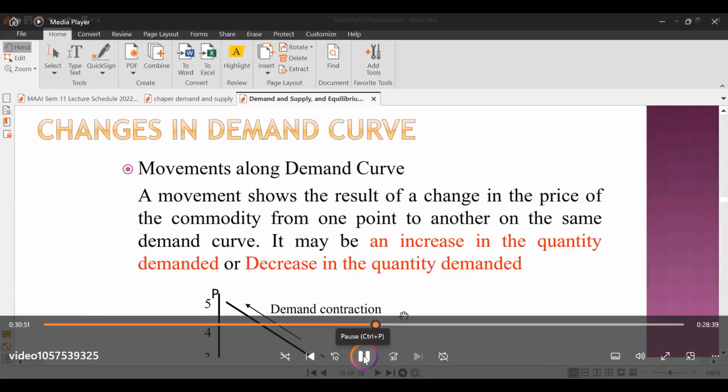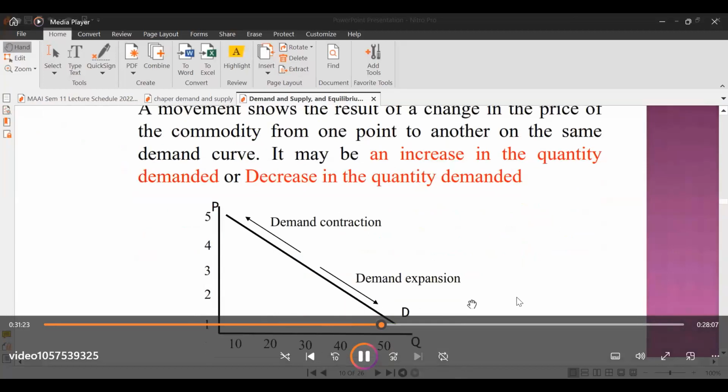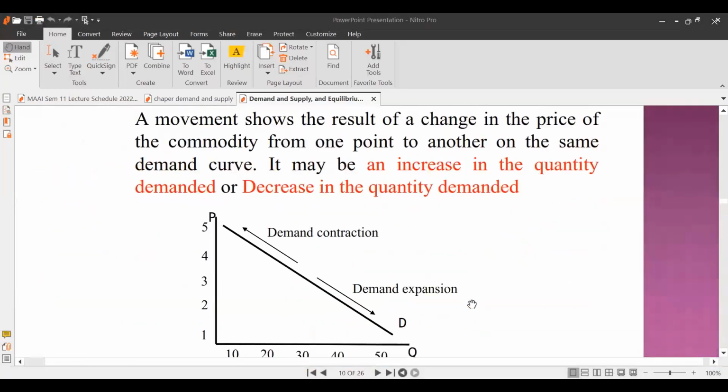If there's a change of the price, that means an increase or decrease of price, that will affect only movements along the curve. Due to the change of the price, only the quantity demanded will change. That causes movements along the curve.